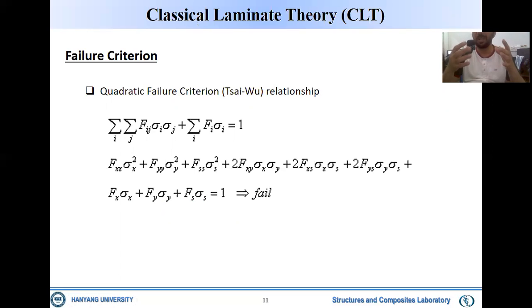This is a very important, the most important step in the design procedure, that we should have confidence that whatever we are going to design, it is able to sustain the applied load.